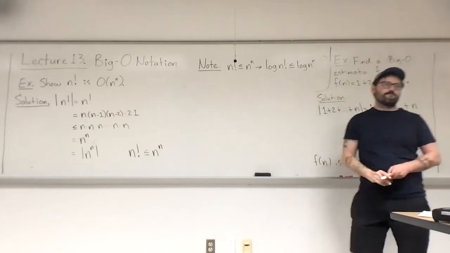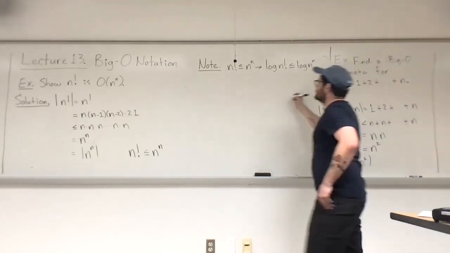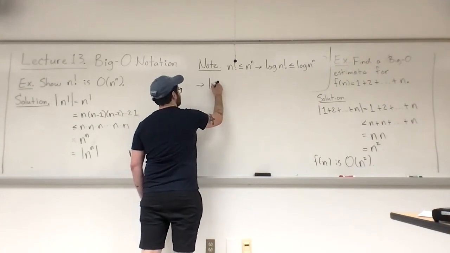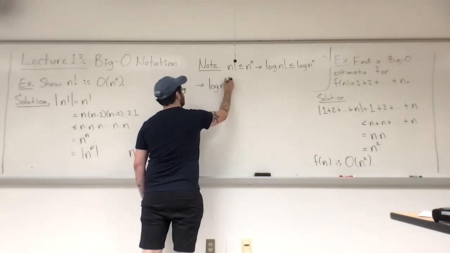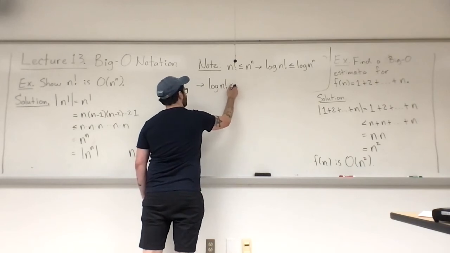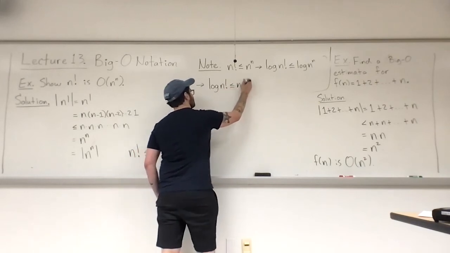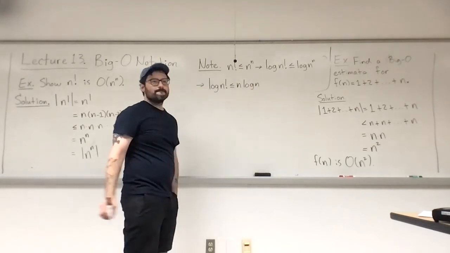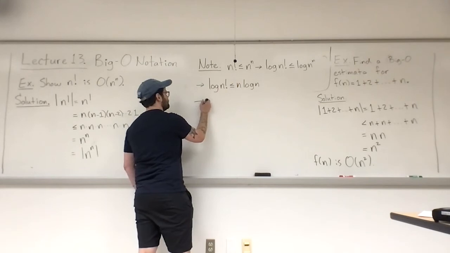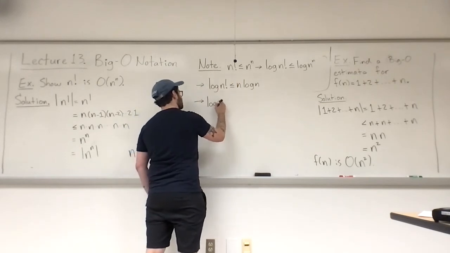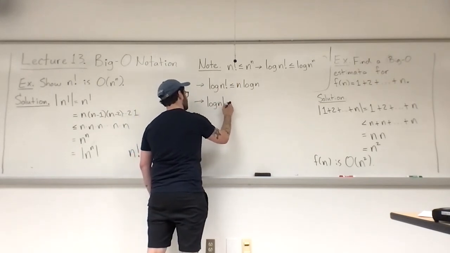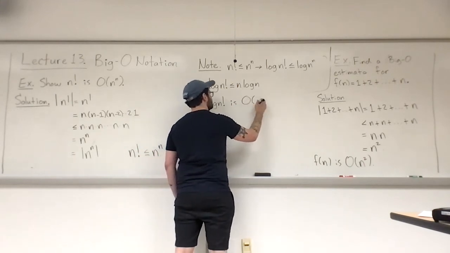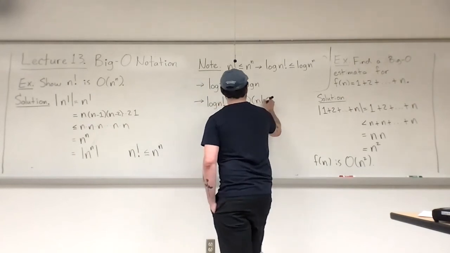So it's increasing, which implies that log of n factorial is at most n times log n, which implies that log n factorial is big O of n log n.